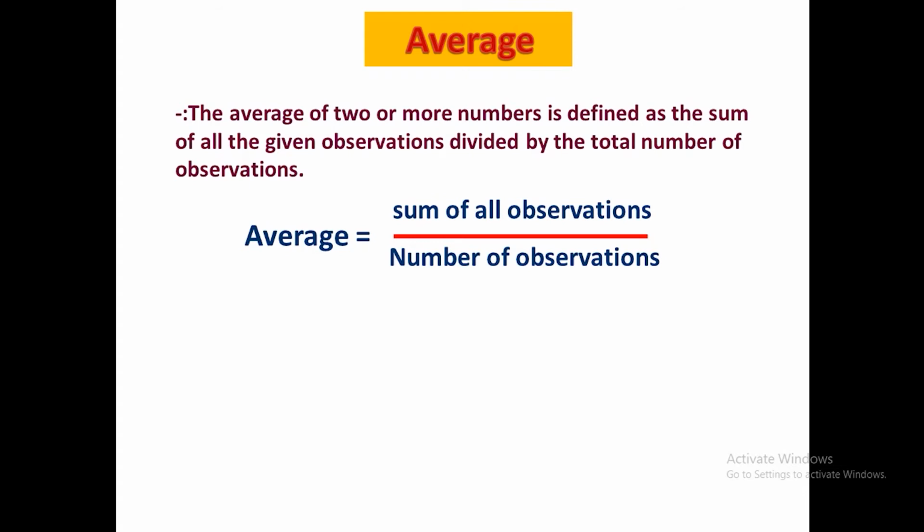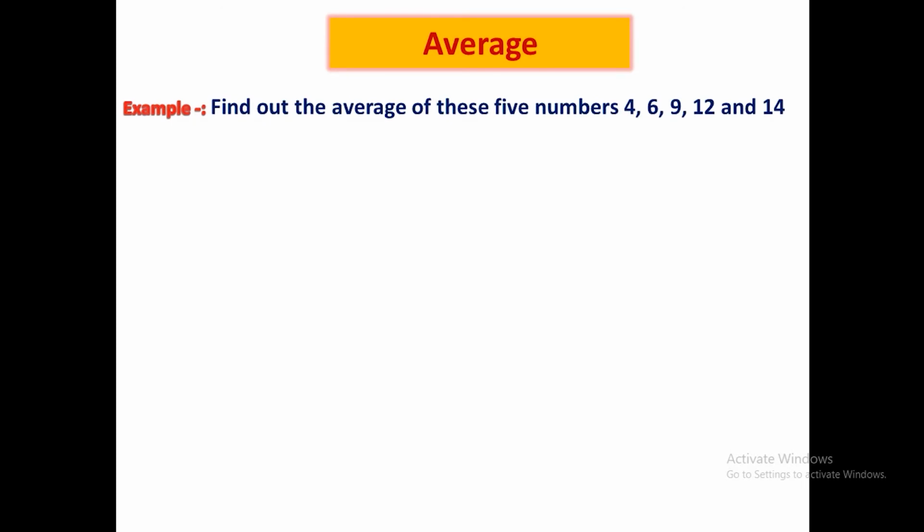Now, let us see how to find the average with the help of an example. Find out the average of these 5 numbers: 4, 6, 9, 12 and 14. To find the average, follow the steps given below.